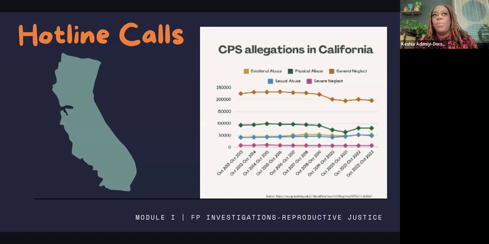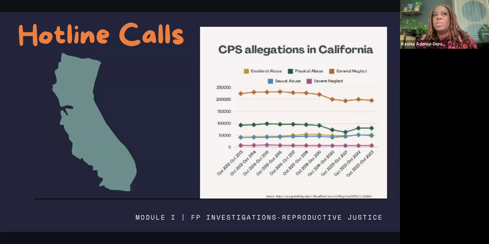Look at how low those numbers are. Okay, and this is the last 10 years. So from October of 2012 to October of 2023, this is what that data looks like when we talk about severe neglect cases, as opposed to general neglect, this top line here, this orange line at the top.